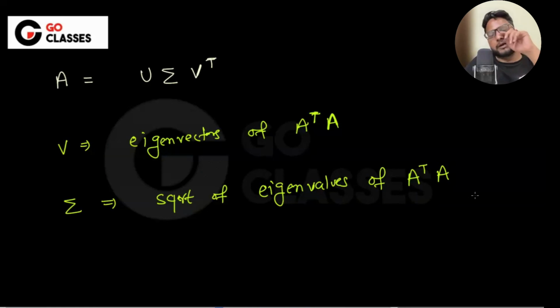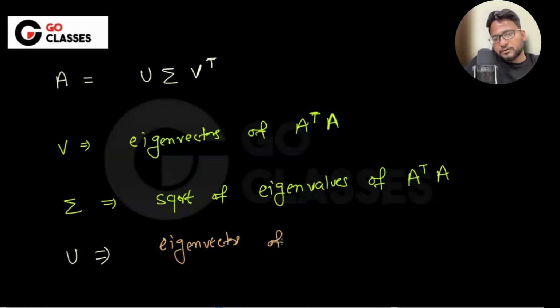Because both will be the same, right? At least the non-zero ones will be the same, and then the remaining will be zero if that's required. And then if you want to calculate U, it will be the eigenvectors of A A transpose.